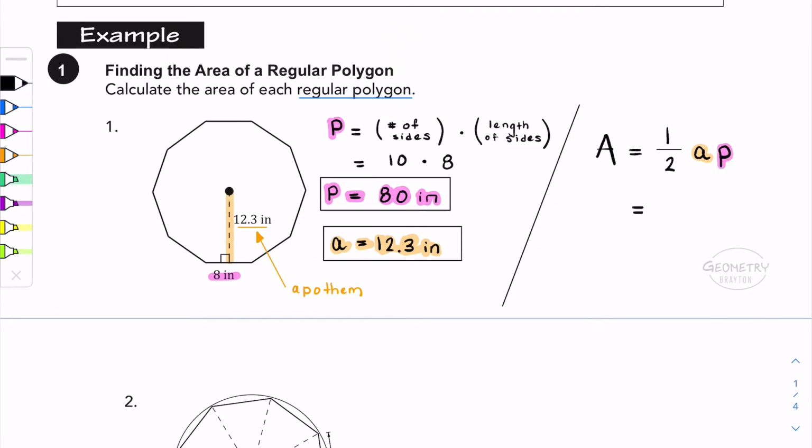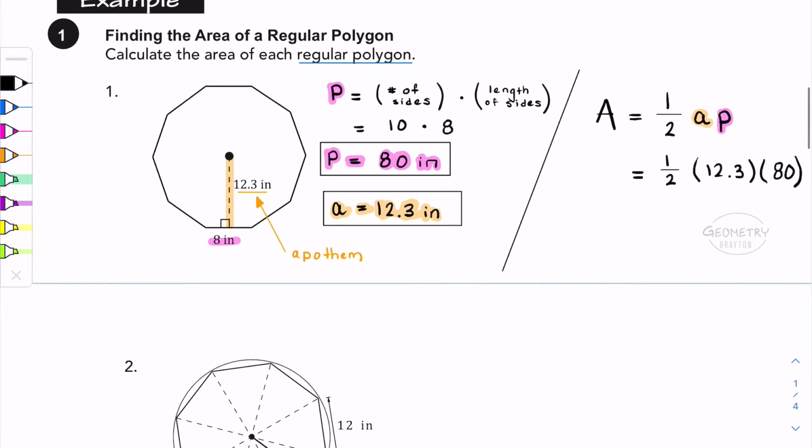So when I substitute these values in, I have 1/2 times the apothem length of 12.3 times the perimeter of 80. And when I type this into my calculator, the area is equal to 492 square inches. That's the area of this figure. That is your final answer.